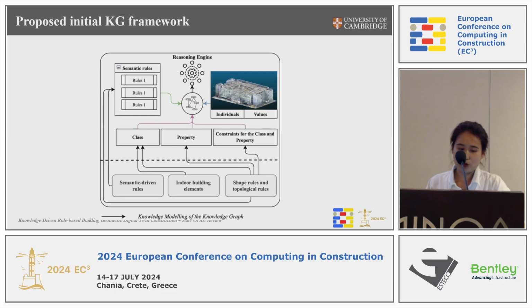This is the proposed initial knowledge graph framework, but I haven't developed it much in this paper right now. But we can see that the class properties and the relationships of the building can actually be extracted from the shape rules and also the typological rules. And the semantic rules can be the inference rules, the reasoning rules in the knowledge graph.